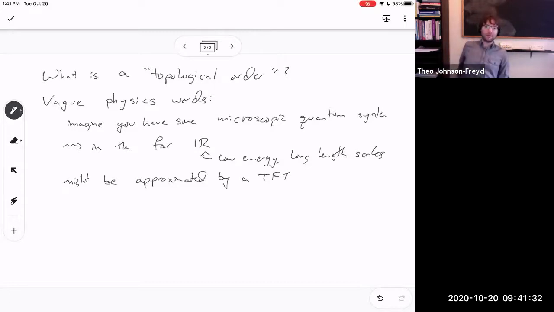This is a story people tell, and the way that this would happen is that maybe all of the excitations, all of the physical things in your theory, are heavy, and in the far infrared, in the very low energy scales, they're too heavy to move around, so they just sit still.